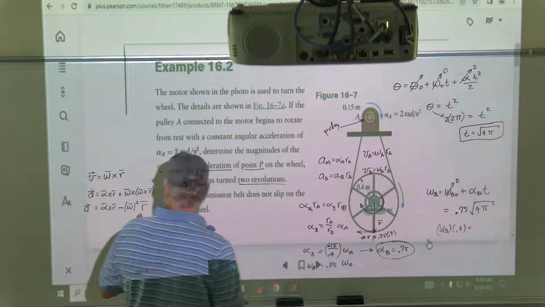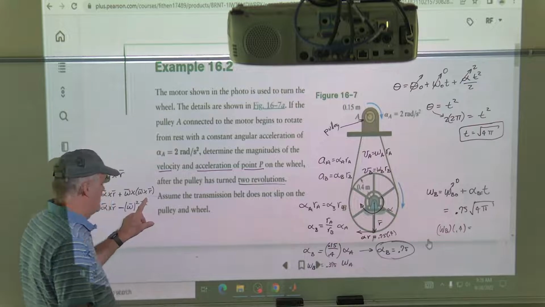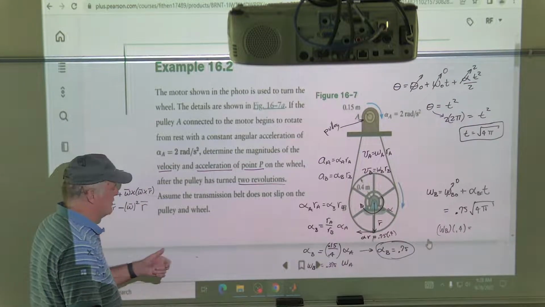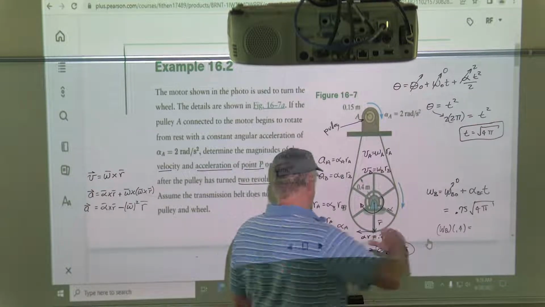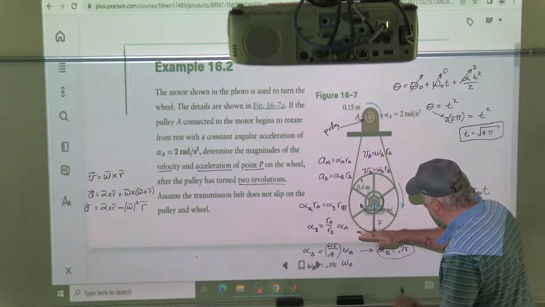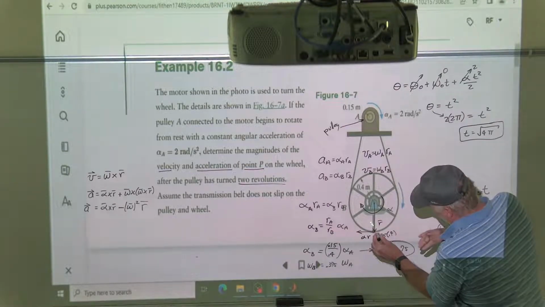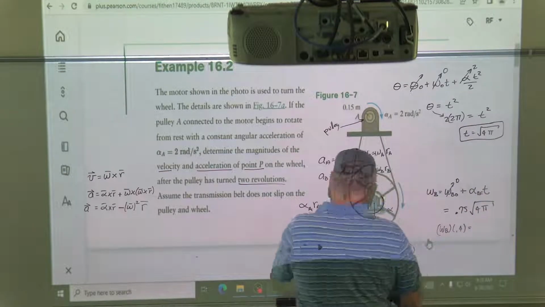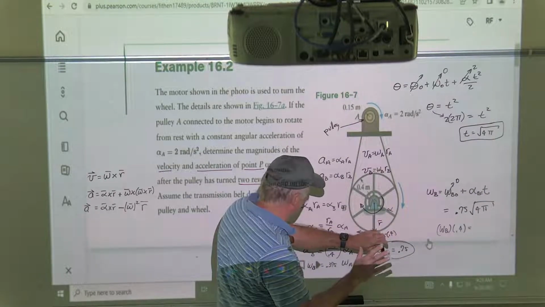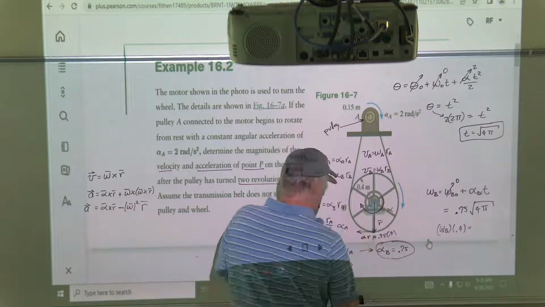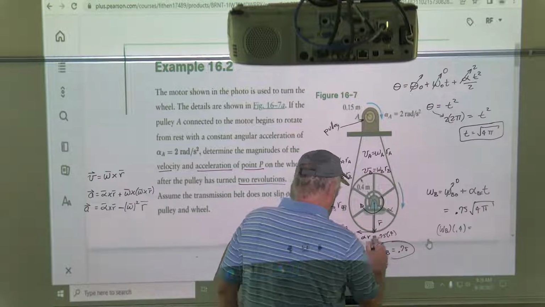Now, if you do omega cross r, that's nothing more than the velocity. If you take that velocity, a vector in this direction, and you cross it with omega, now you have to remember omega goes into the board. It's kind of hard to figure this out, but if you cross these two, you get a vector pointing back in the opposite direction of r.